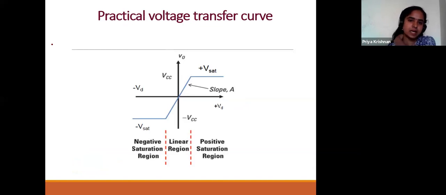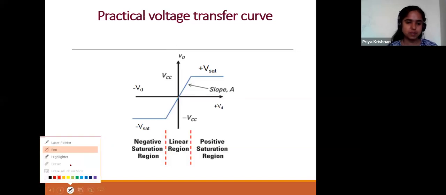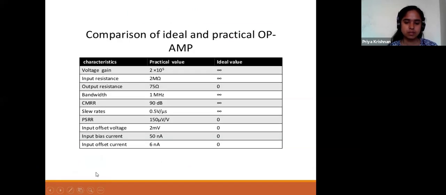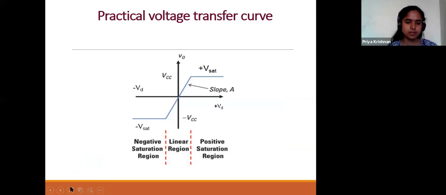But coming to the practical op-amp, there is some portion where the op-amp is accepting some inputs.